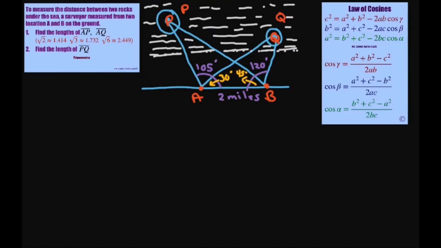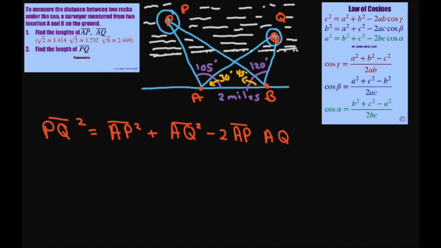So basically the length of PQ squared equals the length of AP squared plus the length of AQ squared minus 2 times the length of AP times the length of AQ times cos of the measure of angle PAQ. All right, so PAQ.